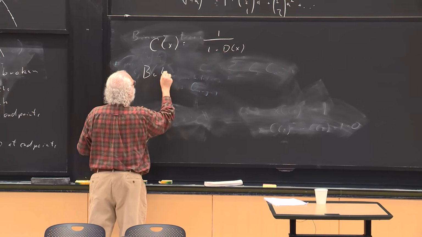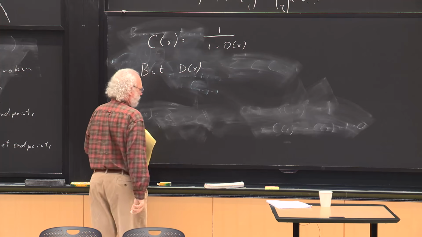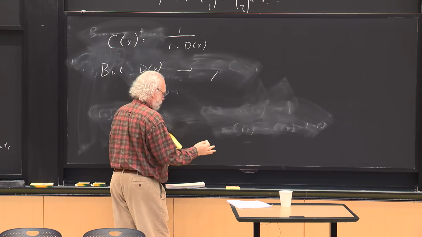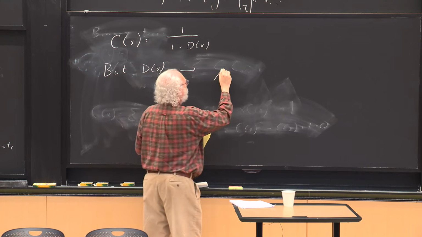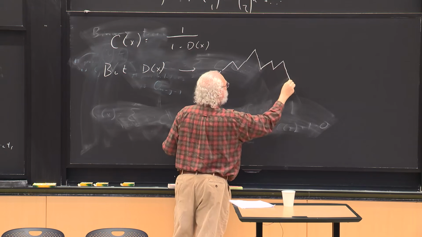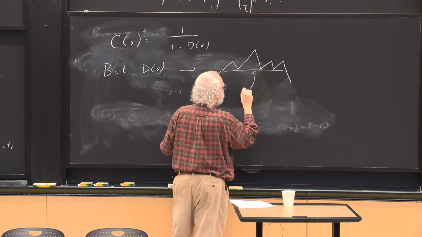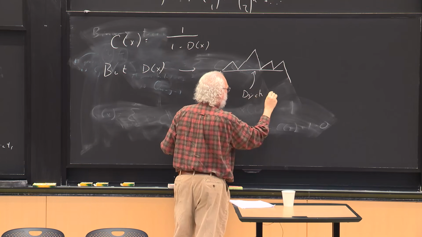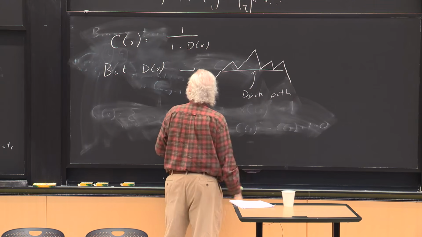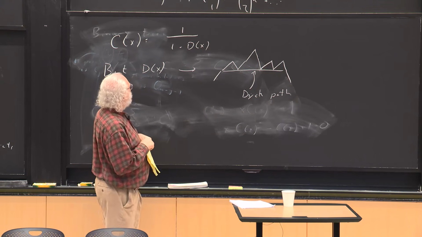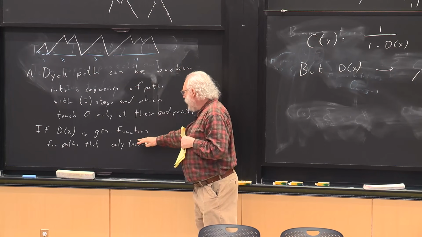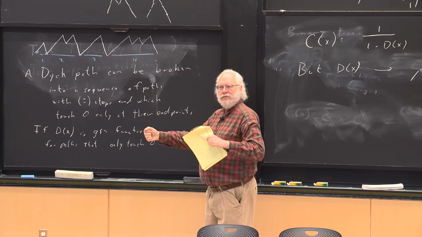But d of x, everything in d of x looks like this, where this is a Dyck path, and you have an up step on the left and a down step on the right. So every one of this kind of paths just comes from a Dyck path where you add 2 steps to it.